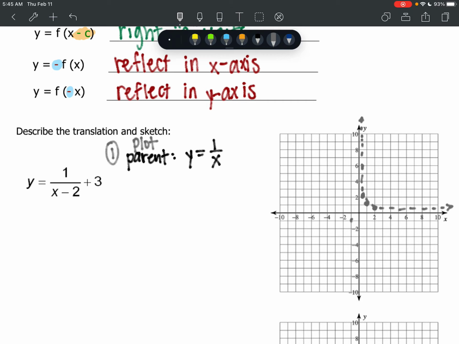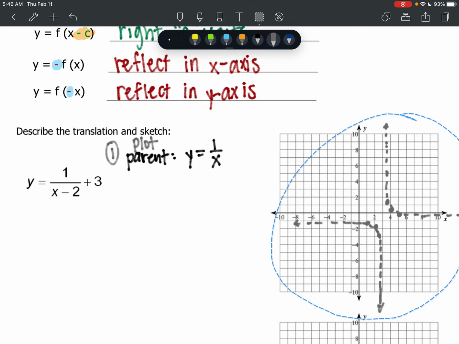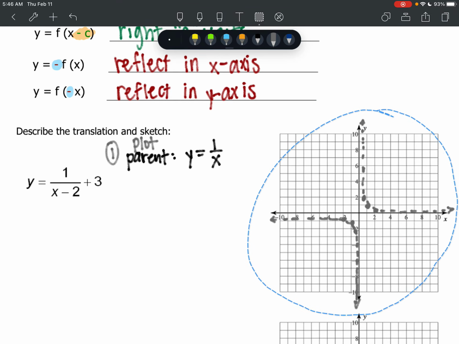And then we have these 3 points right here. And again, I'm going to make a dashed line. Now this entire parent function, I get to do this because I have this cool technology, is going to get shifted. We're going to be moving it left, right, up, down. See how cool that is?